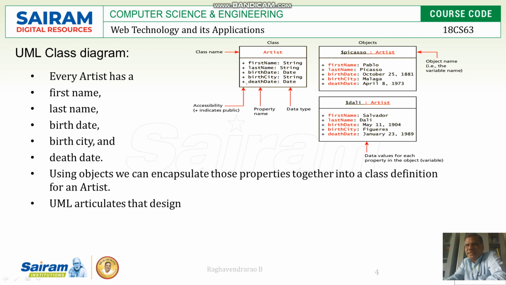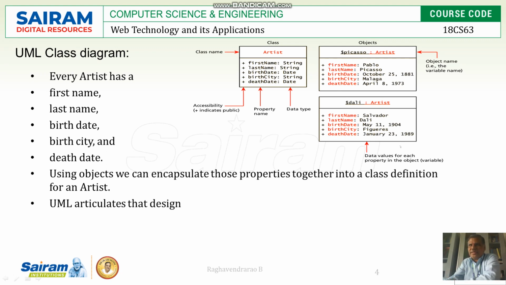Here plus indicates that it's public, minus indicates that it's private. And this is a class. The objects, the instances of those things, we can specify too. Artist of what? The name of the object is specified here. This is Picasso, here is Dali.